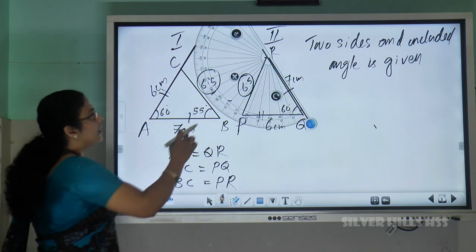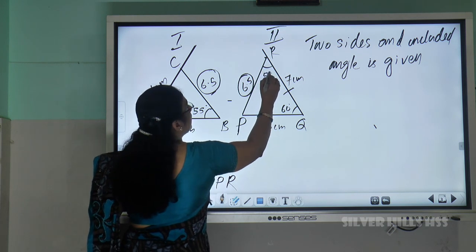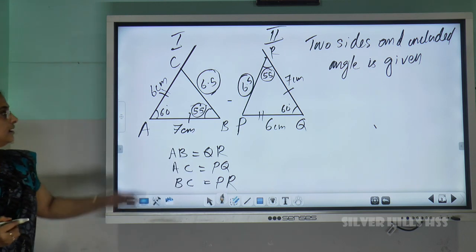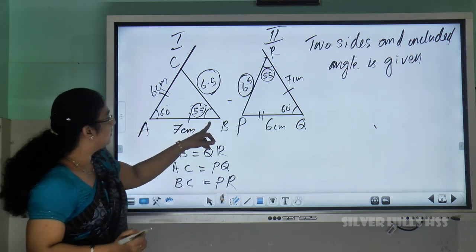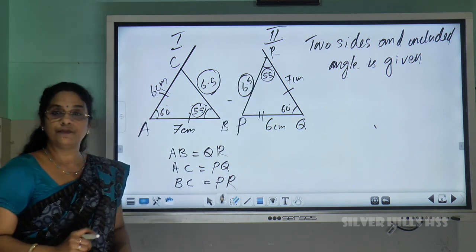Angle R of PQR is also 55 degree. In both the cases, angle B is 55 degree and angle R is also 55 degree.